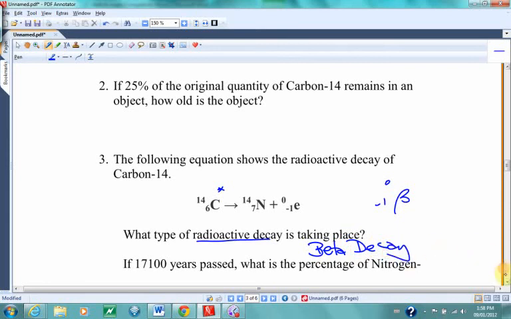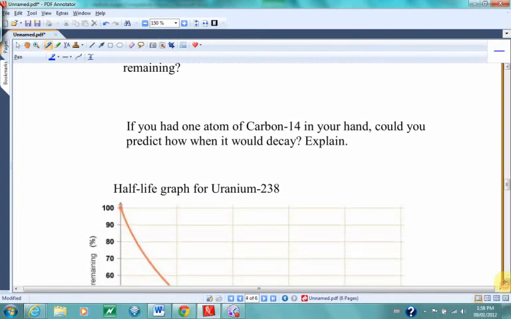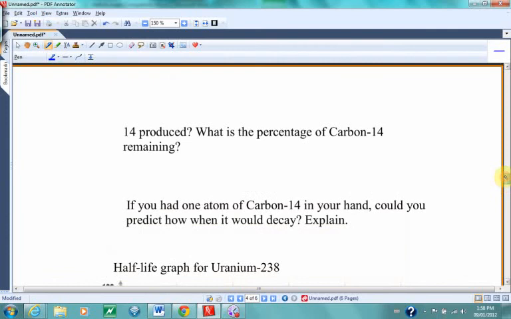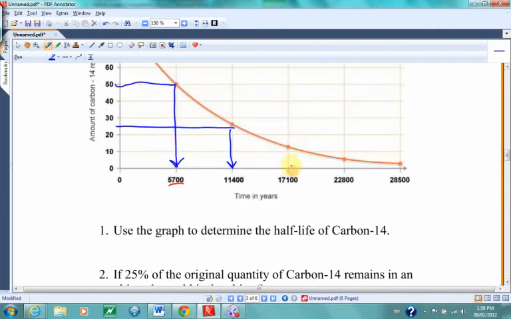Now, the next question. If 17,000 years passed, what's the percentage of nitrogen-14? Ooh, made a bit of a boo-boo. Nitrogen-14 remaining. So, I go back, make you kind of sick. 17,000, look at 17,000 here.